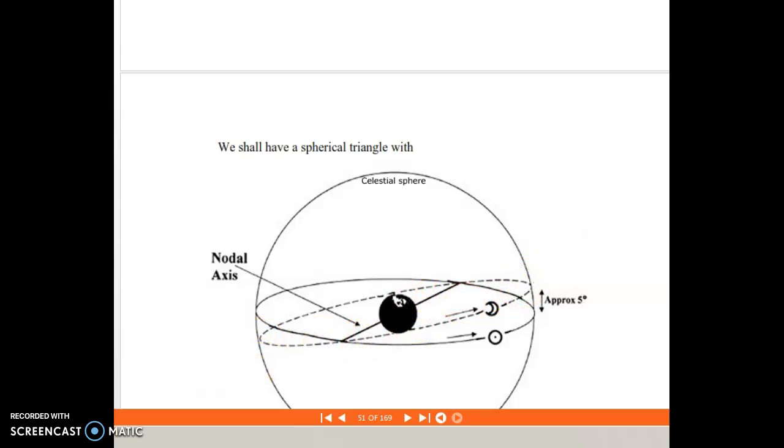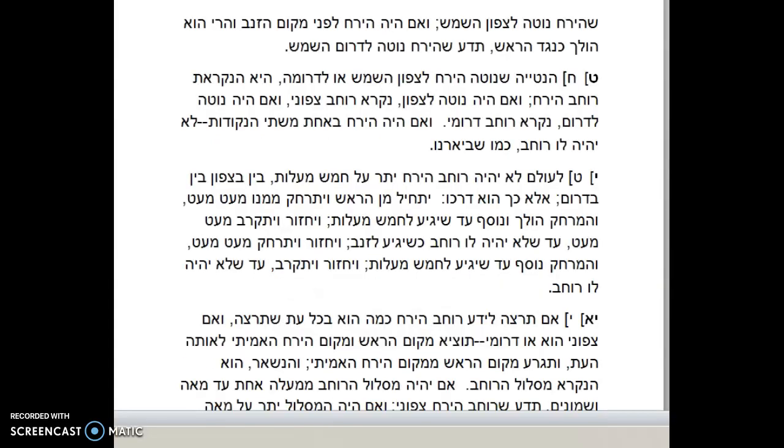It never goes more than that. 180 degrees later, it's on the ecliptic itself. Same thing. It goes to the most extreme southern latitude, then it starts turning its way back.